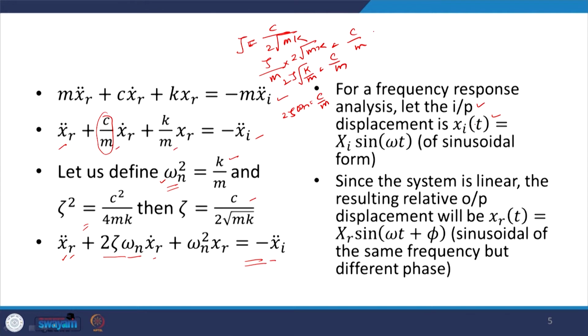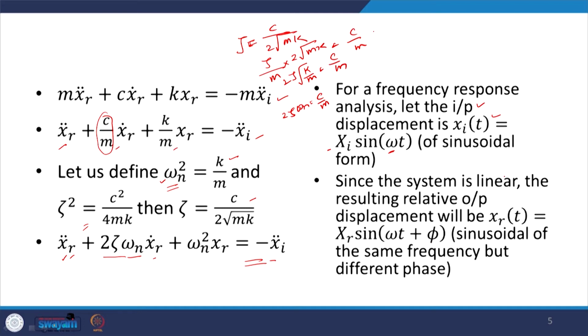as the output, the relative displacement of the seismic mass with respect to the object, and xi is the input. Now, for a frequency response analysis, we can assume a certain input displacement. So, let me have xi(t) equal to Xi sin omega t, and this is of sinusoidal form, and this has a frequency omega, and the amplitude is Xi. Okay. Now, since the system is linear, the resulting output displacement will be given as xr(t) equal to Xr sin(omega t plus phi).